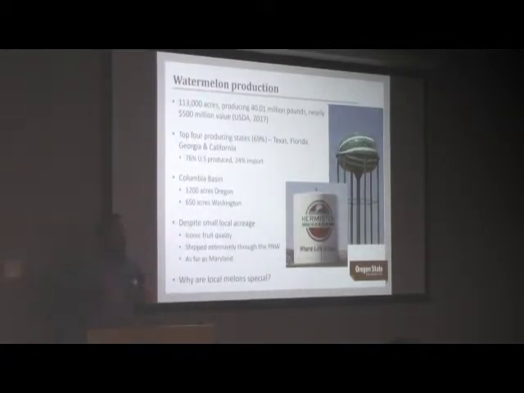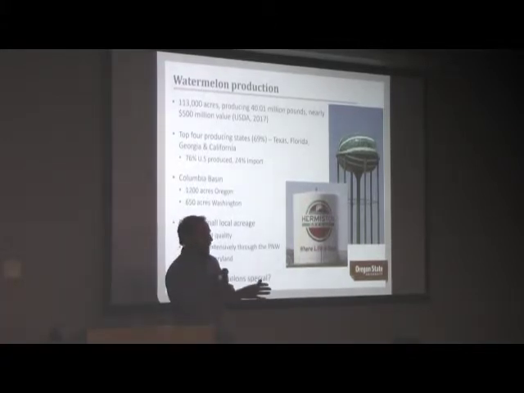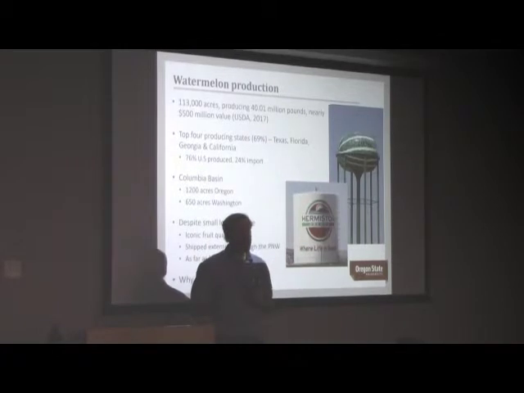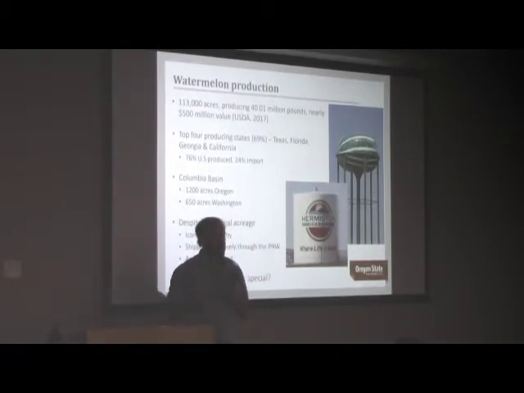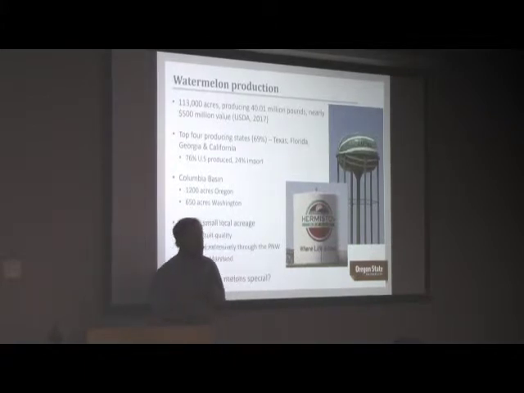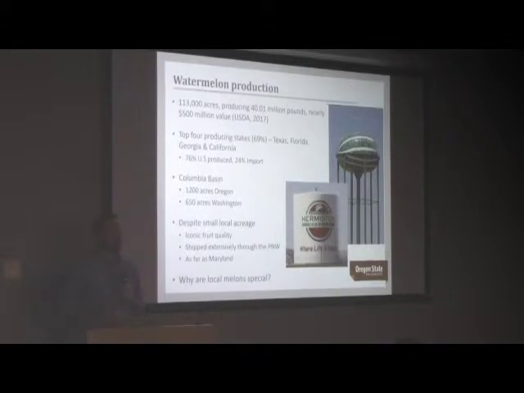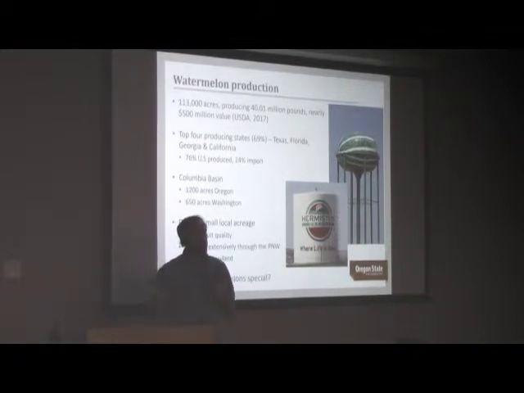So a little closer to home, in the Columbia Basin, we are producing, on the Oregon side, about 1,200 acres, and this is just watermelon. If we're looking at melons in general with cantaloupes, we're maybe more around 1,600 acres. And across the border on the Washington side, it's about 650 acres of melons. And a lot of these are more for the specialty melons, which aren't necessarily going to be exported.